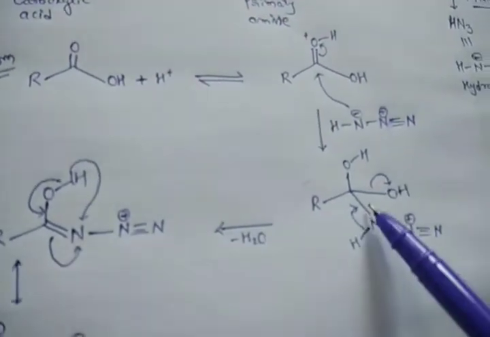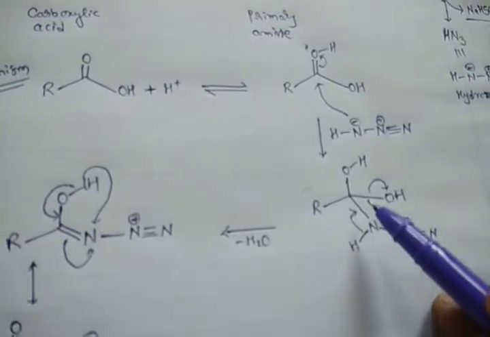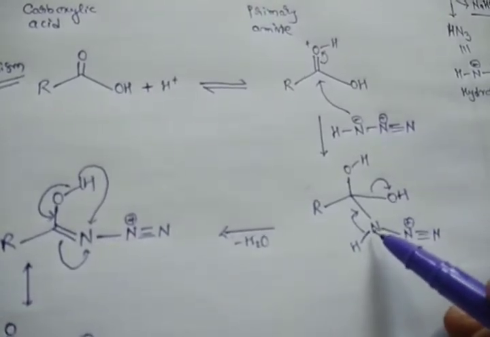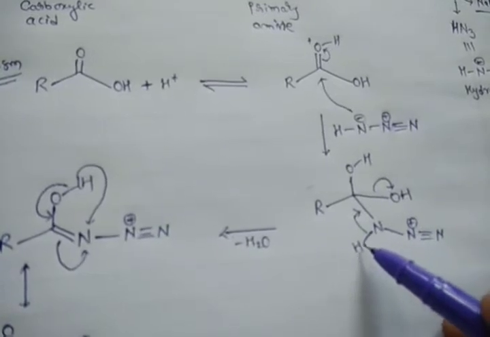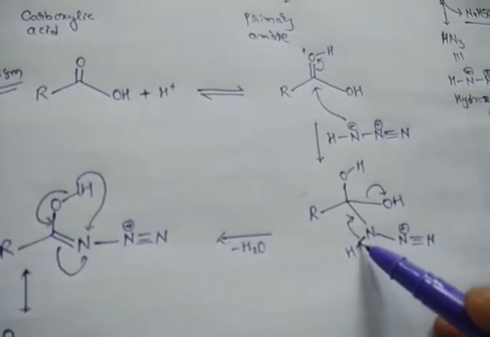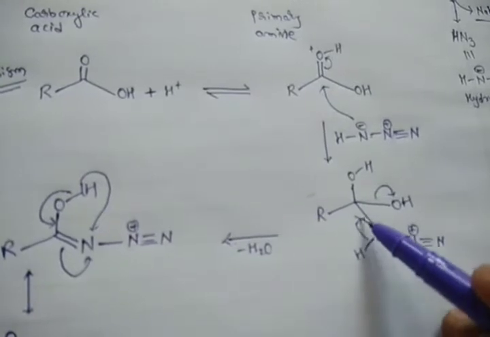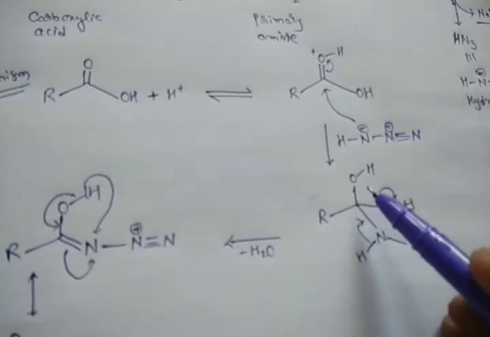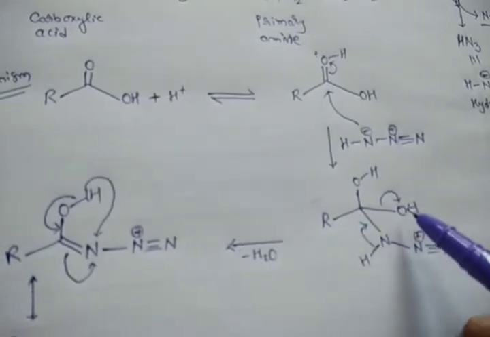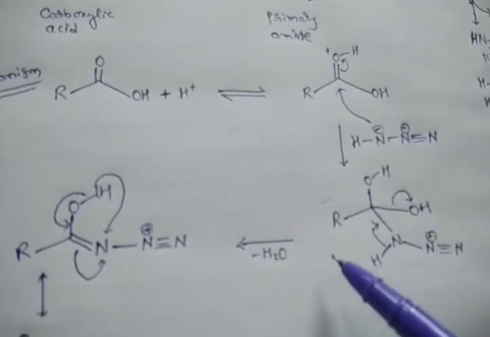Now from this intermediate, the bond between the nitrogen and the hydrogen will break. The pair of electrons of the bond between nitrogen and oxygen will migrate between the carbon of the carboxylic acid and nitrogen. At the same time the OH will be liberated, or this H plus and OH will be removed in the form of water.